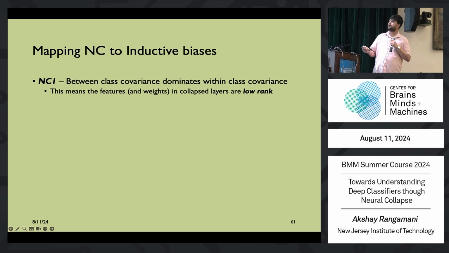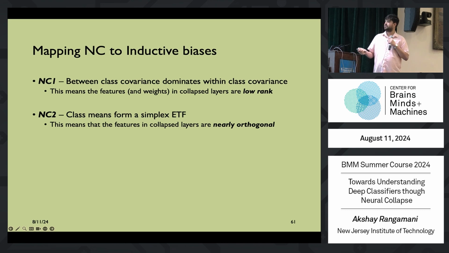So from NC1, the between class covariance dominates the within class covariance, and this usually means that the features are low rank, and from there you can infer that the weights also should be low rank.